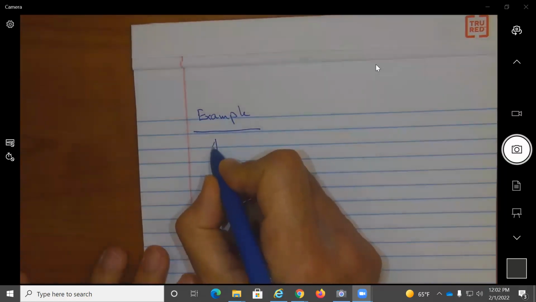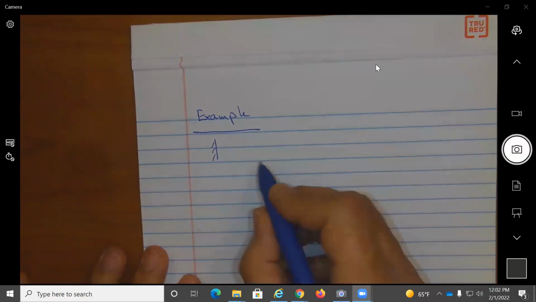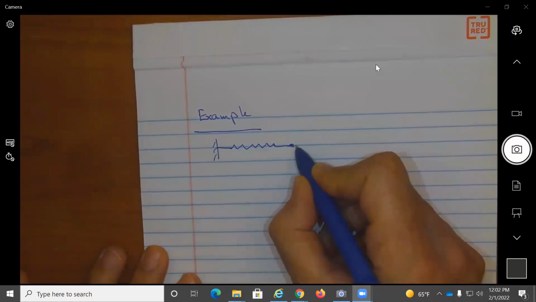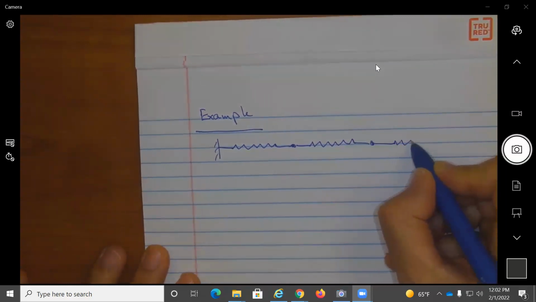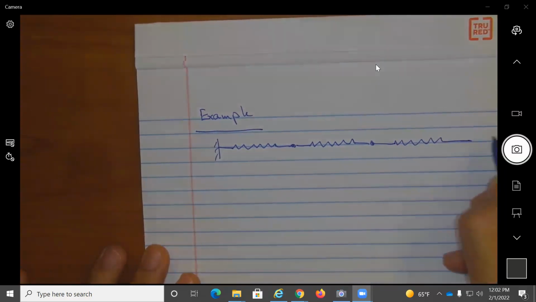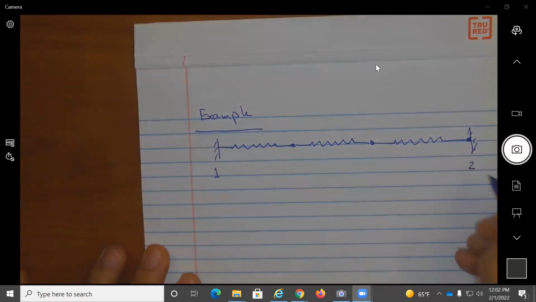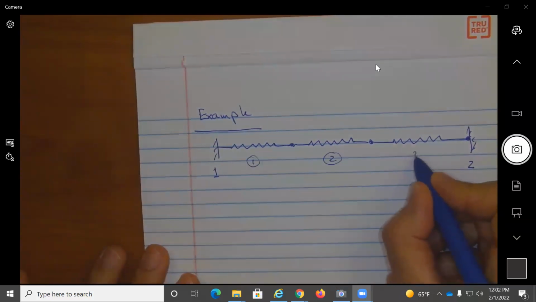So we're going to look at a system rather than an element, an assemblage of 3 spring elements in series. So we have 3 spring elements connected in series, and they are fixed at the beginning and at the end, node 1 and node 2. 3 elements, 1, 2, and 3.